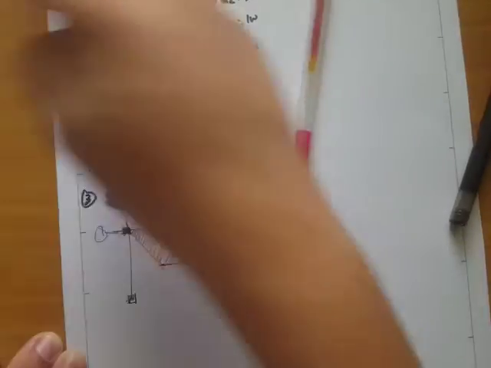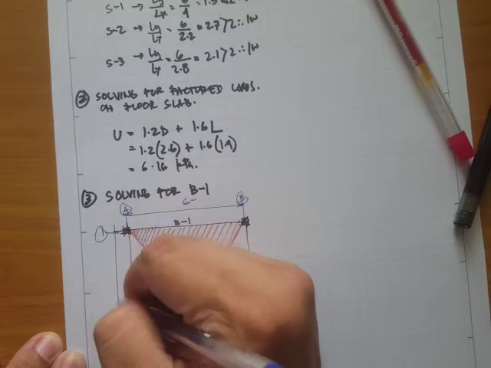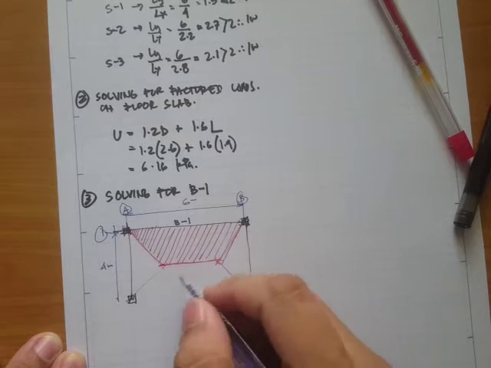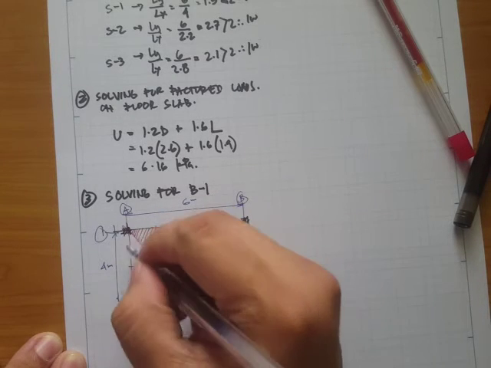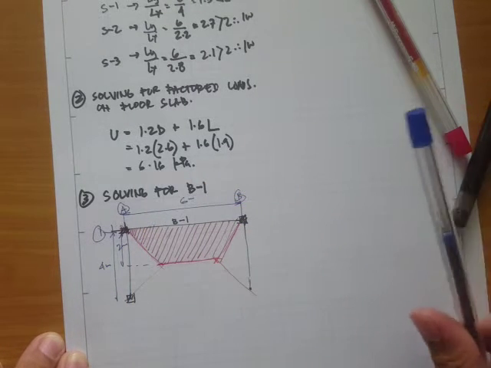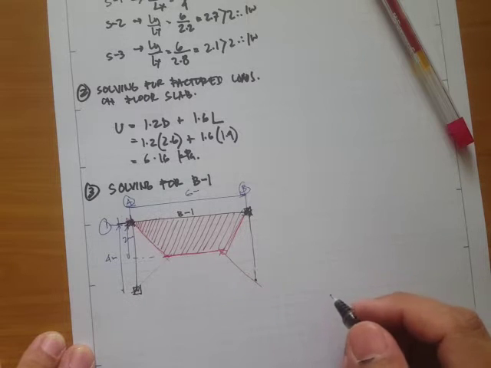We have a distance of 6 meters, and then we have a distance of 4 meters. So this distance actually is, of course, going to be 2 meters. Okay, so let's solve for the tributary width.